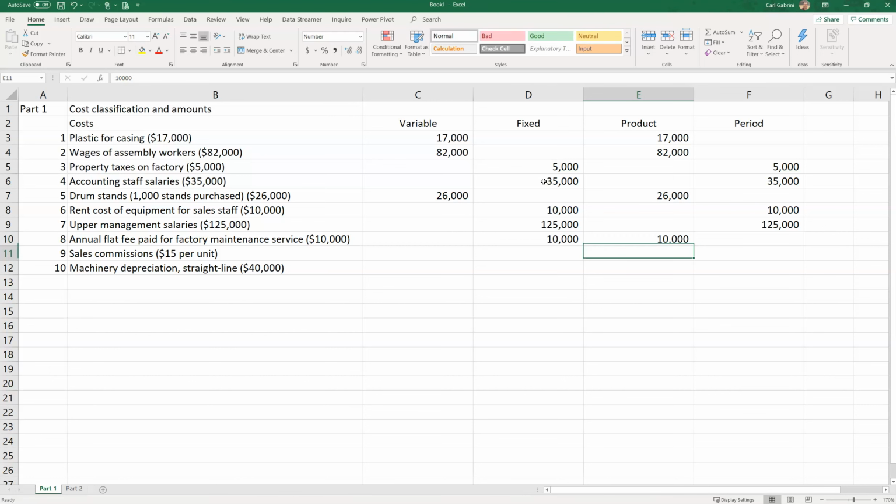So yes, a few of these can be kind of tricky. You kind of have to think your way through them a little bit. And believe me, sometimes I come across ones that I won't necessarily agree with. Also, when you get a job and you're doing cost accounting, a lot of it depends on who your employer is. I had a student who got a job at a company, and he called me up and we had a long conversation about classification of costs because they were doing it differently than we learned in class.